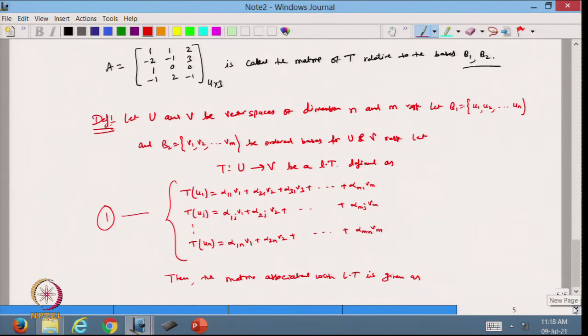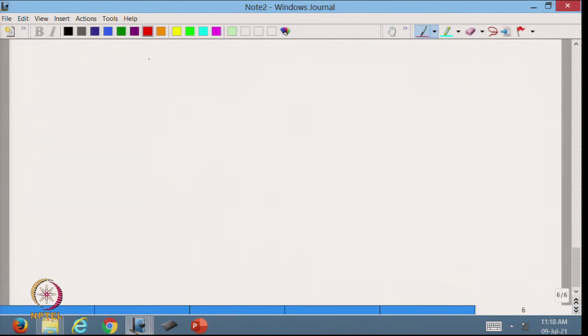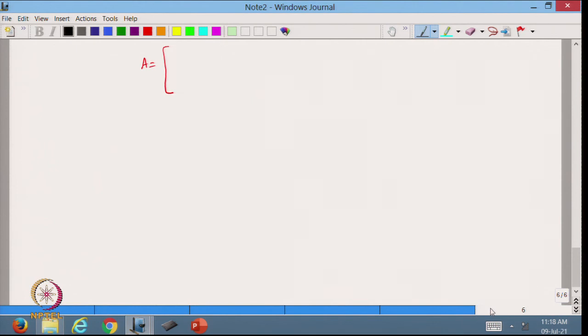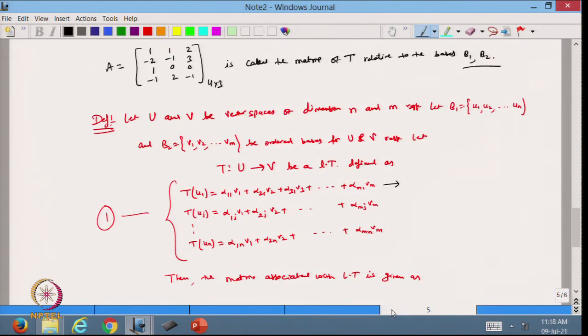So, then the corresponding matrix, I give the name A. Now what we are going to do is take the first element and put its coordinates as the first column. So, it will be alpha 1 1, alpha 2 1 up to alpha m 1, because m is the number.